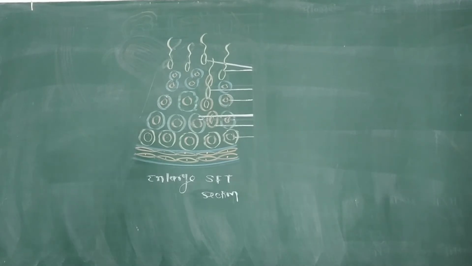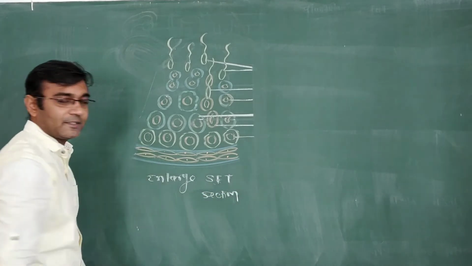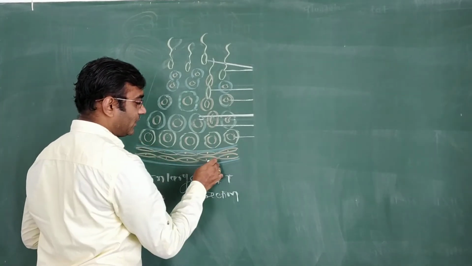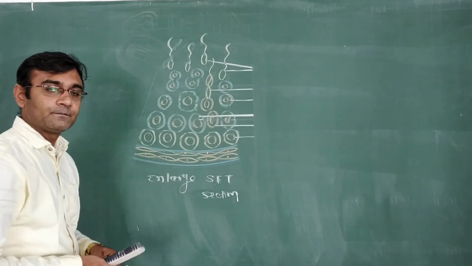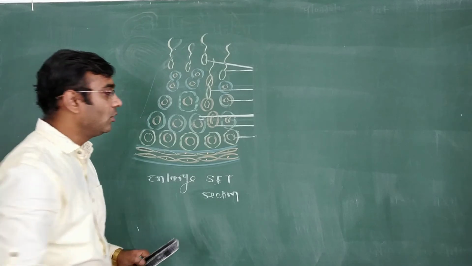Now the structure of an enlarged seminiferous tubule section. This is the wall of the seminiferous tubule, having a row of muscle. Then nearest present are the male germ cells, or spermatogonia.